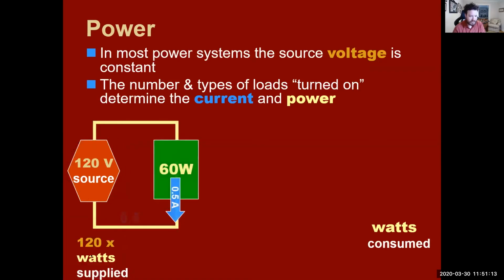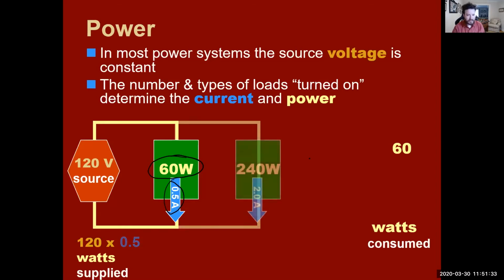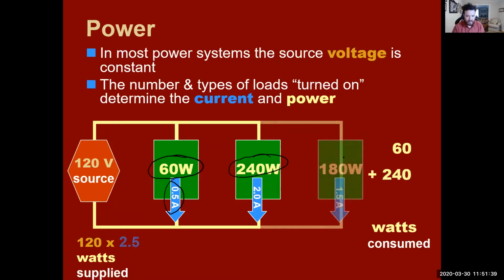All right, but that all changes as soon as we start to add. All right, we have a 60 watt consumption here. All right, and through the equations that we learned earlier, we get 0.5 of an amp coming out. All right, so the next we add is a 240 watt. And then we add 180 watts.